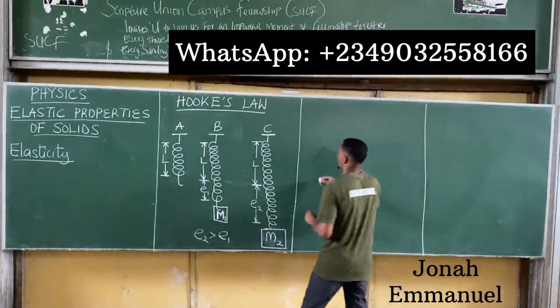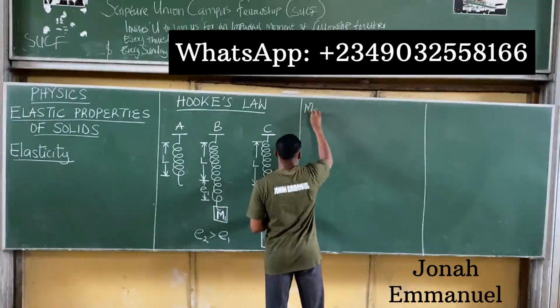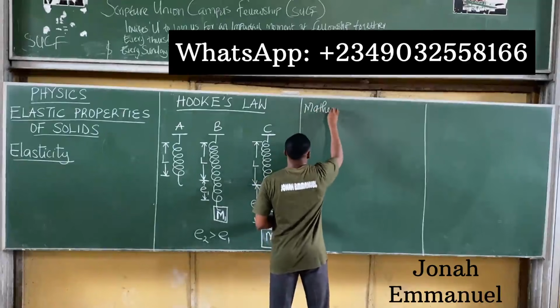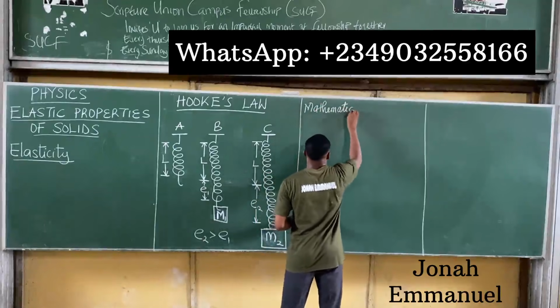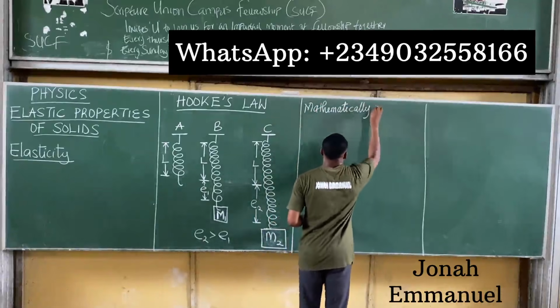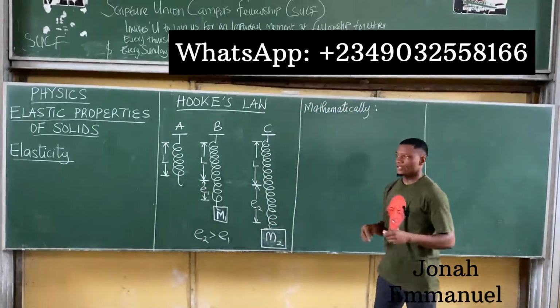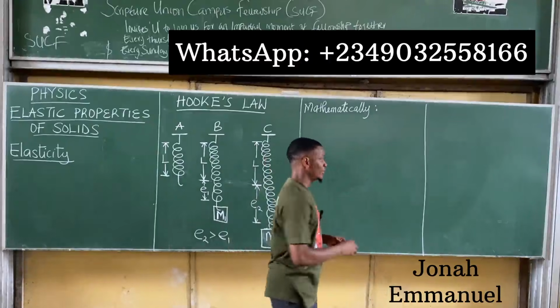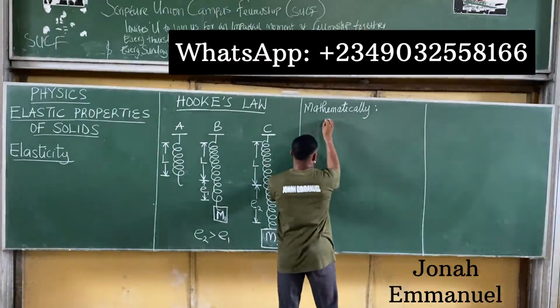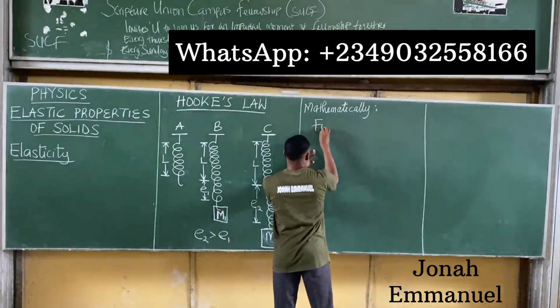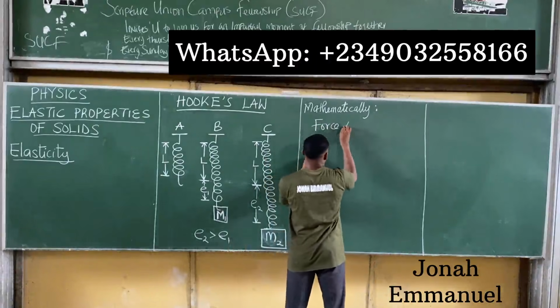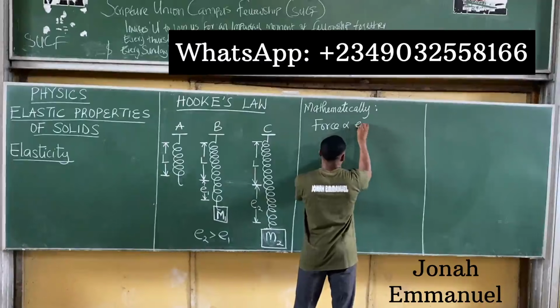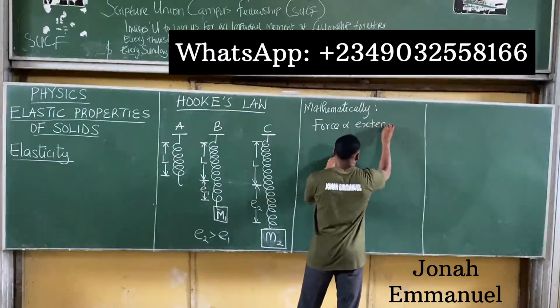Now, mathematically, we are saying that the extension produced in an elastic material is directly proportional to the applied force. So in a mathematical sense, force is directly proportional to extension.